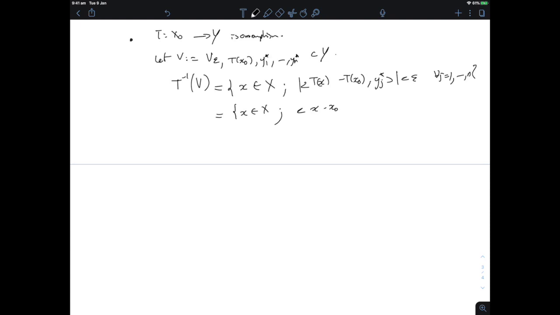So I can get to the adjoint and turn my testing condition into a condition on x minus x0 being close to zero. And what is that? Well, this is literally a weak neighborhood in the weak topology of X naught. This is the weak neighborhood of size epsilon centered at x0 with the testing functionals being the images by T star, which is a map from Y star to X naught star, of the yj stars.